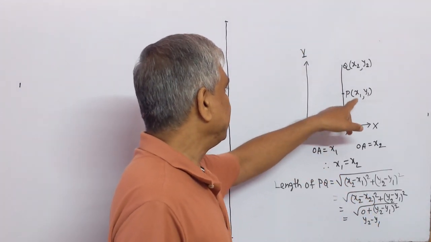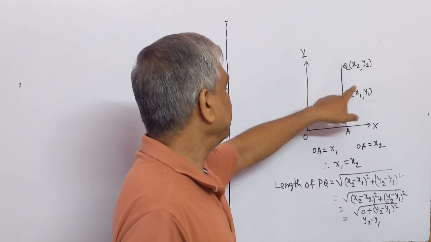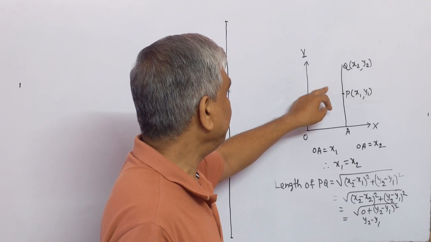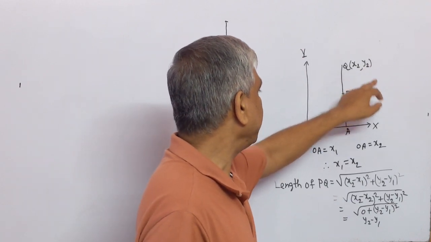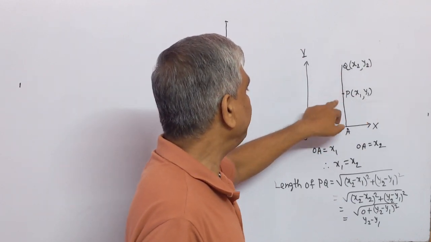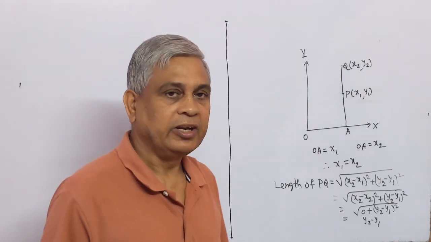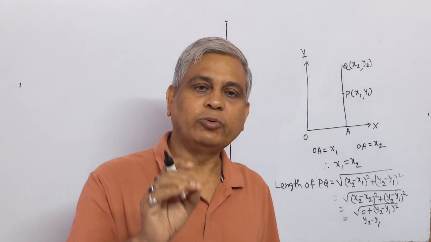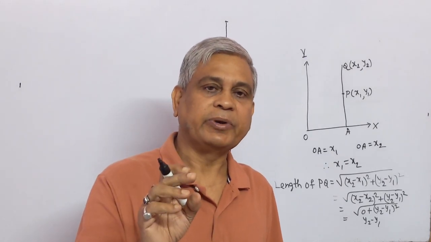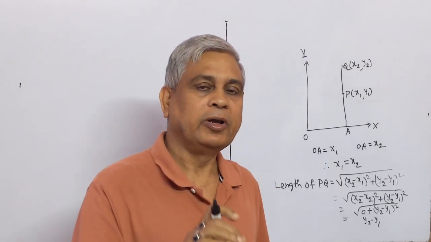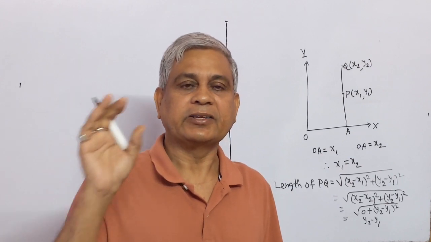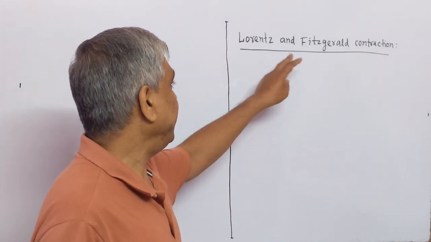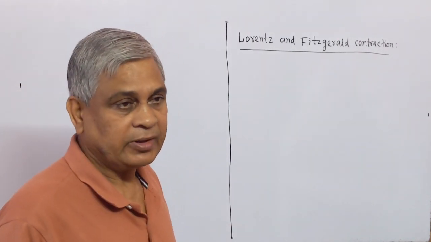Therefore, the length of the line PQ parallel to y-axis will be the difference between y coordinates of the endpoints of the straight line. Now, on the basis of this concept, we will try to apply this concept for the solution of Lorentz-Fitzgerald contraction.